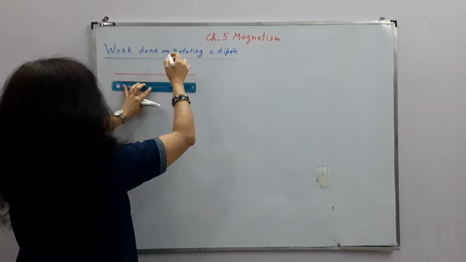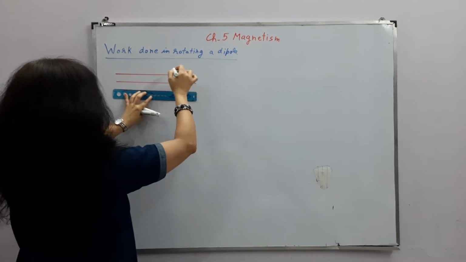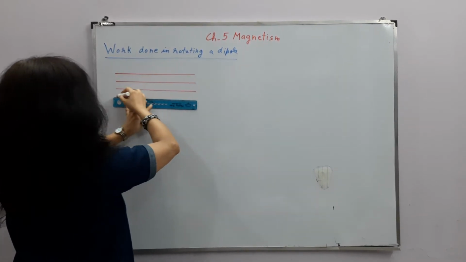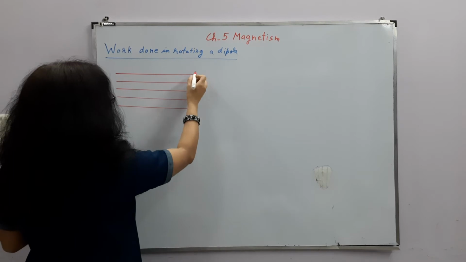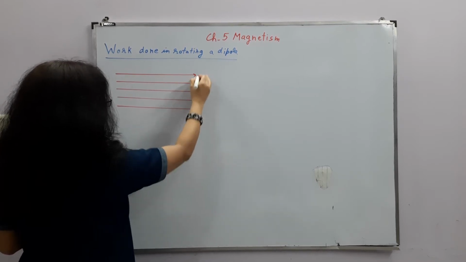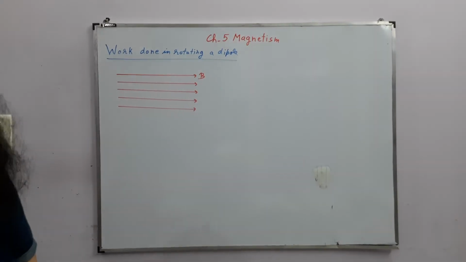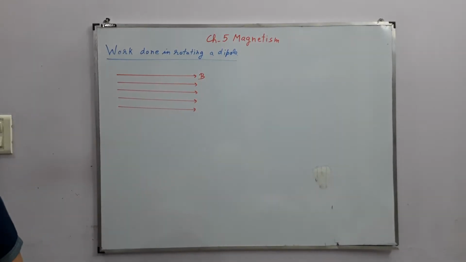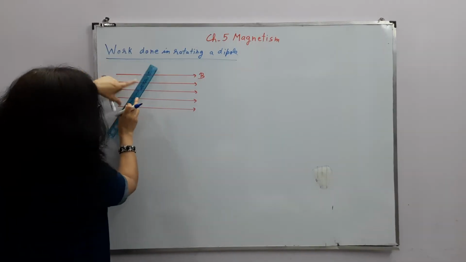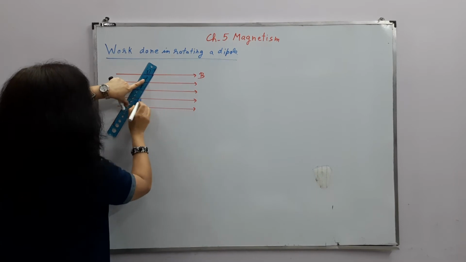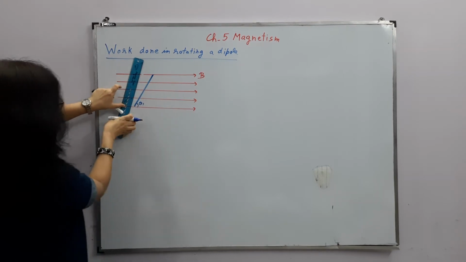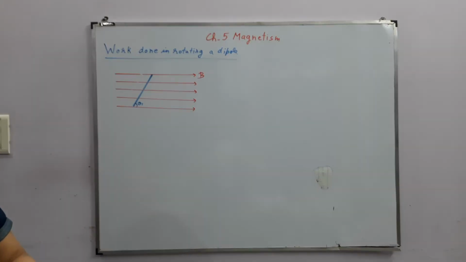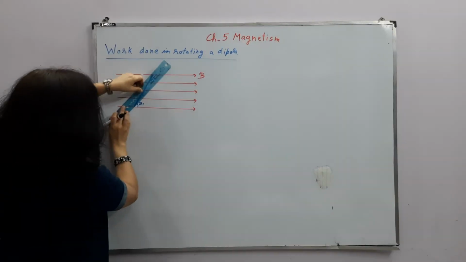Suppose this is your uniform magnetic field, and we have the magnetic dipole, which is initially at this angle theta 1, and the final position of this dipole when it is rotated from theta 1 to theta 2.